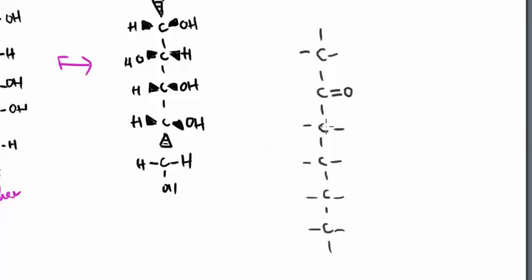So this carbon should have an OH and an H. This carbon should have an OH and an H. So let's put H here and OH there. This carbon should have an H and OH. So let's put it here and there. And the head and the tail, well, they need OHs as well, so we'll put an OH group here, and we'll put an OH group down here, and the 2 remaining bonds are just for hydrogens.